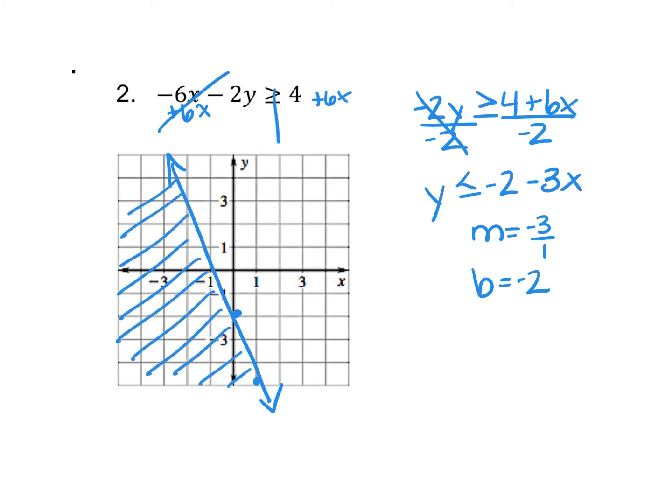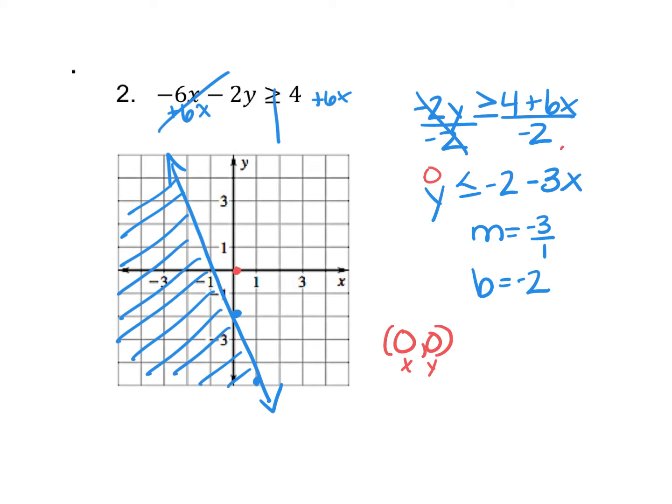One way, if you are questioning whether or not you're shading in the right direction, we're going to be doing this more tomorrow, but you could take a point 0, 0, which is right here. And let's check to see if that's a solution to it by just plugging it in. I could plug it into my original one, so this is my x, this is my y.